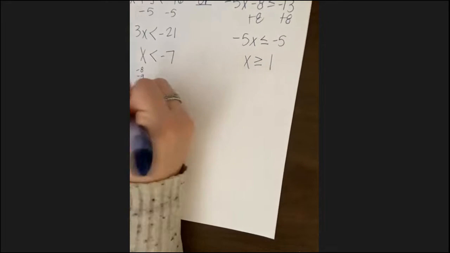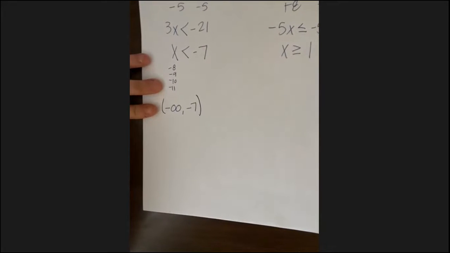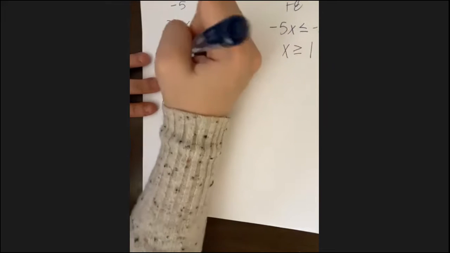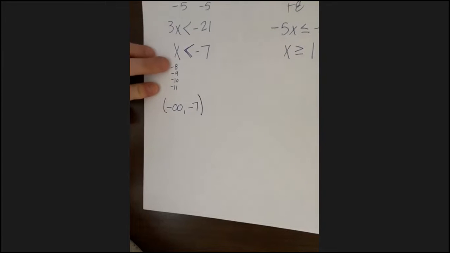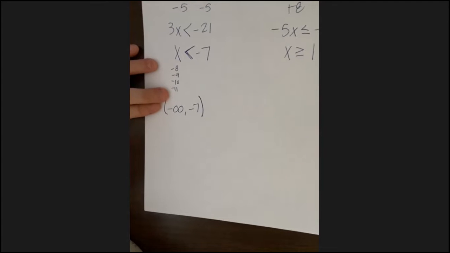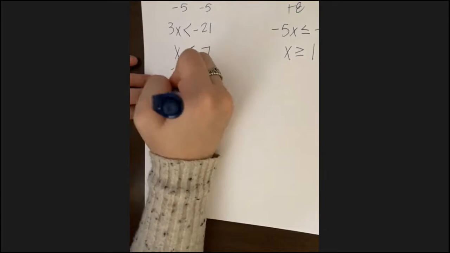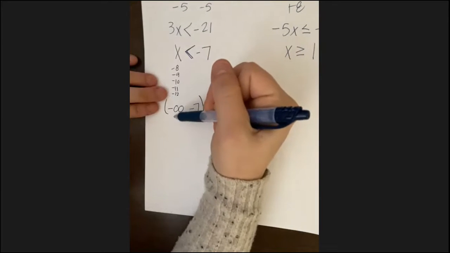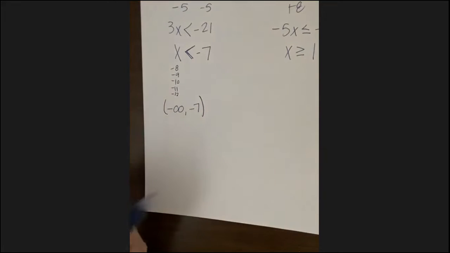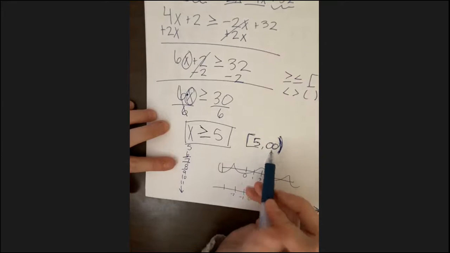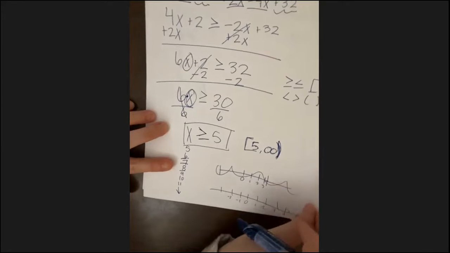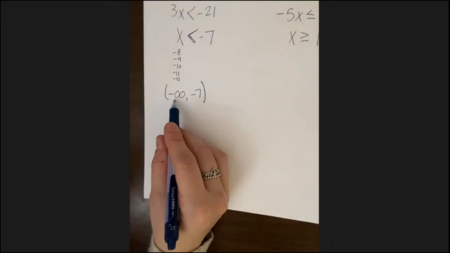And they're both parentheses because it's just a less than sign. And it helps me even writing the numbers out, like, okay, what makes this true? Negative 8, negative 9, 10, so on and so forth. And you can see a pattern. You see that that's going into the negatives, the way negatives. On this one, you saw that it was going way into the positive. So that's how you know whether it's going into infinity or if it's going into negative infinity, right?